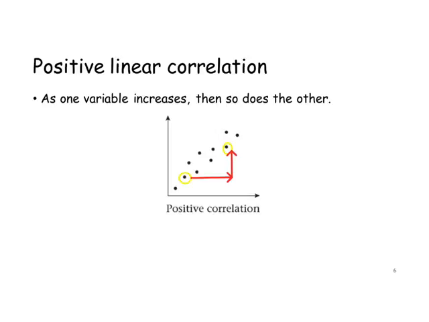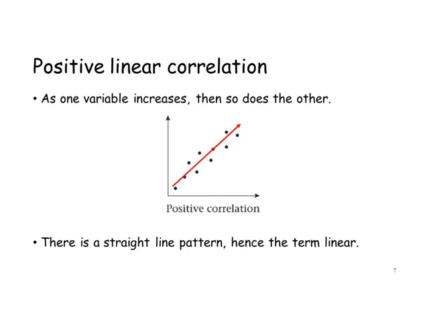And we can see from the diagram that there is a straight line pattern. Now, straight lines we know are linear relationships, and hence the term linear, positive linear correlation. So if the scatter diagram has this pattern, then it is said to have positive linear correlation.